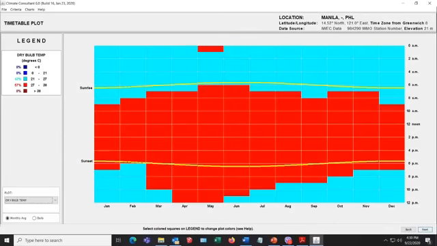Okay, so here is another temperature plot. The red ones are the heating hours. They are about 27 to 38 degrees. So these are the hottest hours during the day throughout the month. And the yellow line is the sunrise and the sunset.